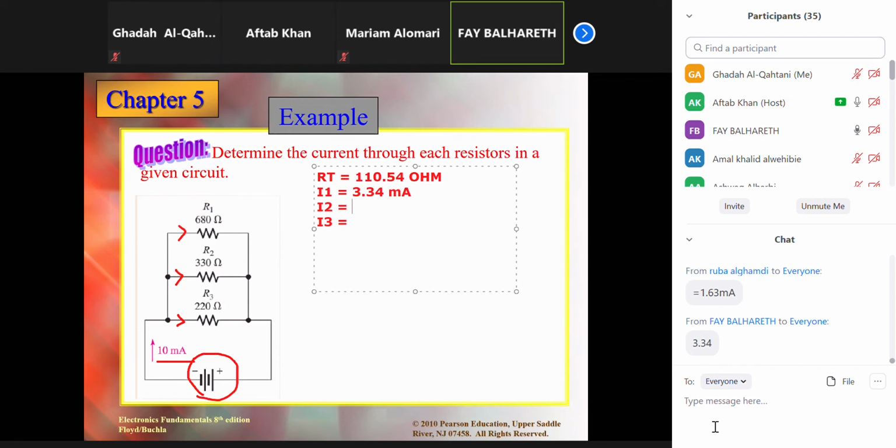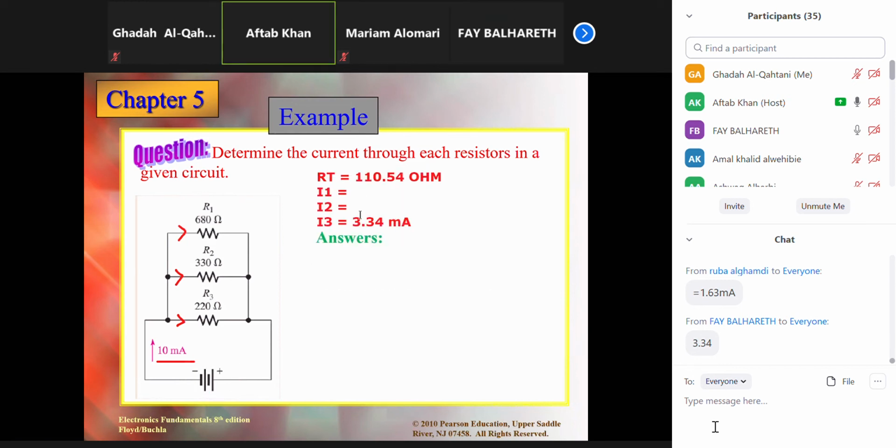I1 is equal to 1.62, and then I2 is equal to 3.34. Okay, and this is different.